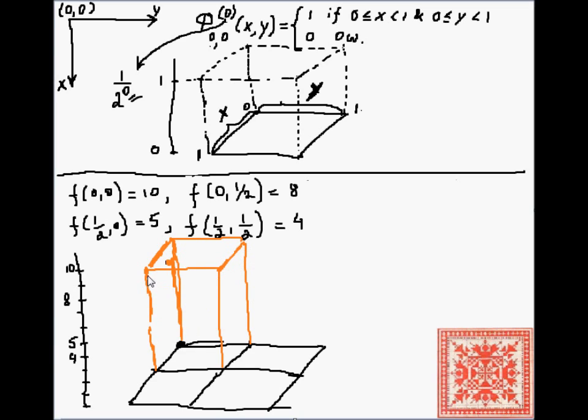So the cube will look like this. Use an orange. Then that's the origin, 0, 0. So f of 0 and half is equal to 8. So this is green. The cube will have the height of 8.